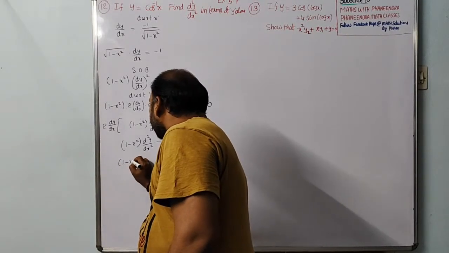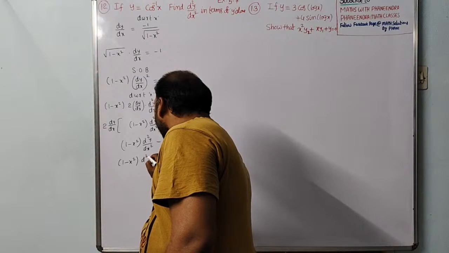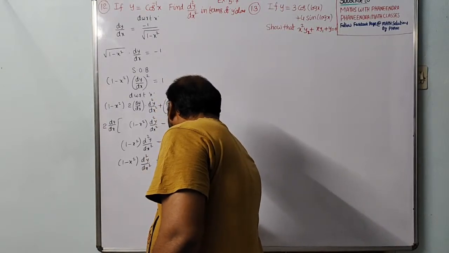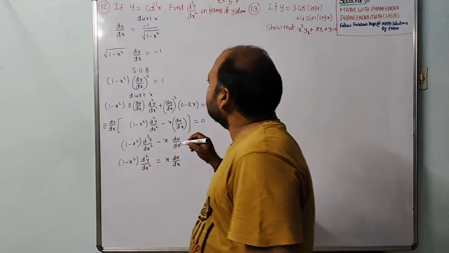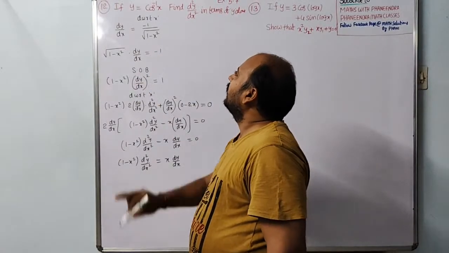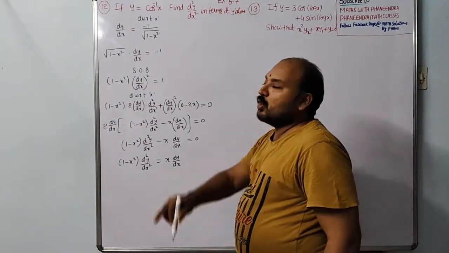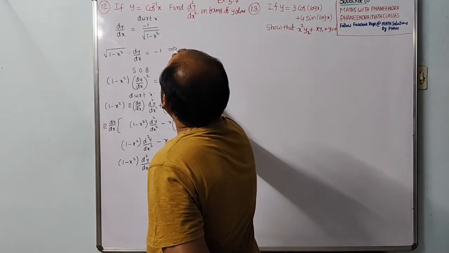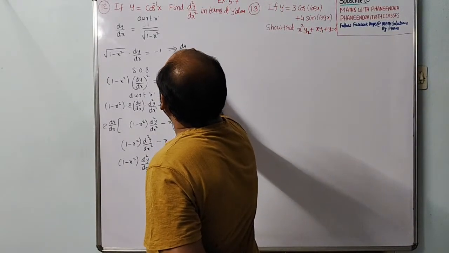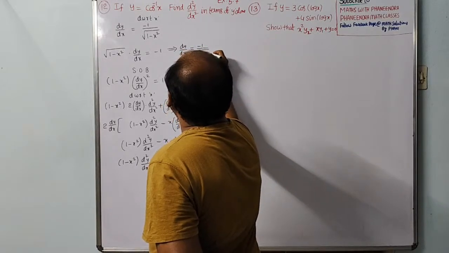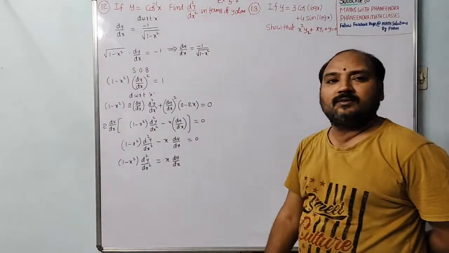So 1 minus x square into d square y by dx square is equal to x into dy by dx. What is the dy by dx value from here? In terms of y alone they are asking, no. See, that implies dy by dx is equal to minus 1 by root of 1 minus x square.